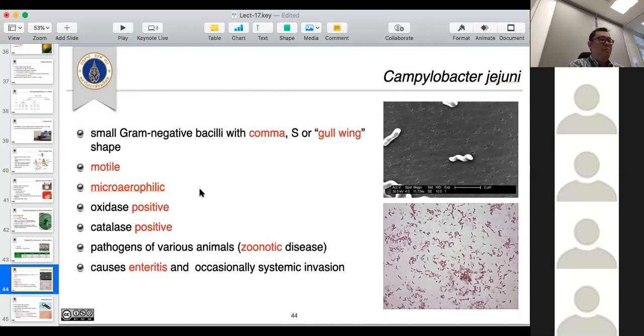Probably they buy packages in the supermarket that are sealed and form a microaerophilic condition. But in case Thai people go to buy food directly from the shop, or if you go to a fresh market, not a supermarket, to the regular market in Thailand, we cut pork or chicken, we do not seal, like vacuum seal, something like that. So the chance of a Campylobacter jejuni outbreak is lower than in Europe or America.